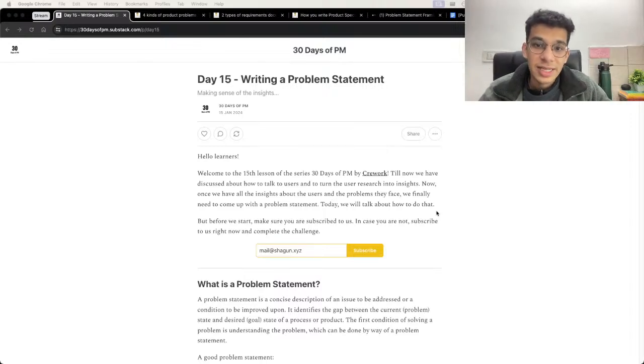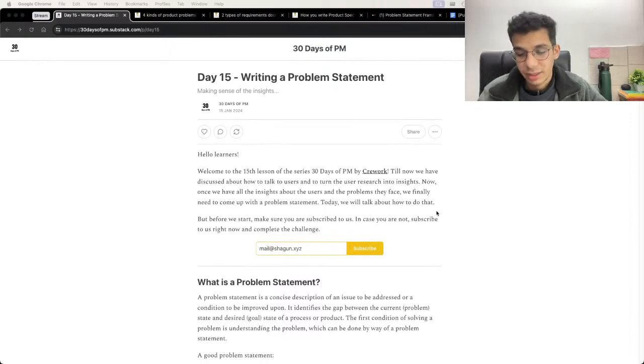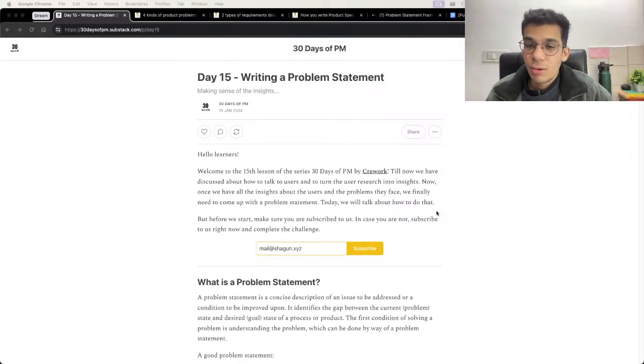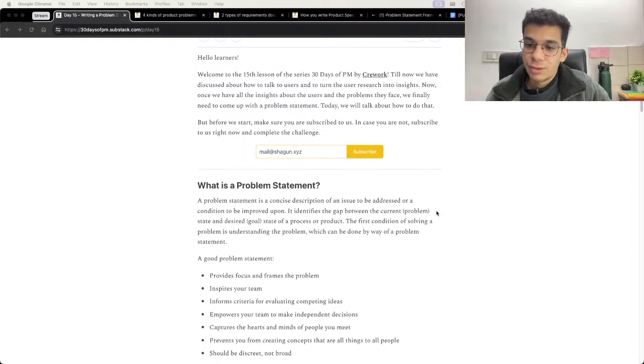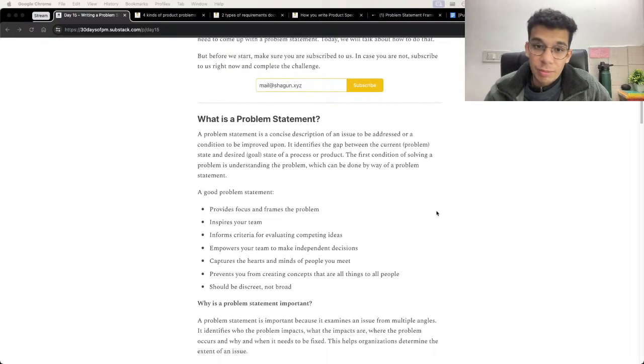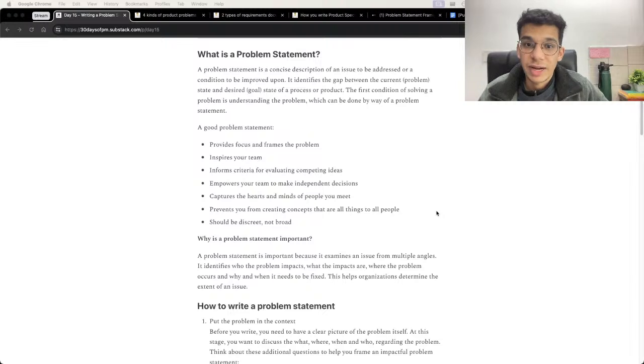So in a sense, a problem statement is one of the building blocks when starting out to build a feature or a product or an enhancement to an existing product line, right? So it's very important to define this correctly and to set off well at this phase. And for example, a good problem statement in essence provides focus and frames the problem in a very good way, right?